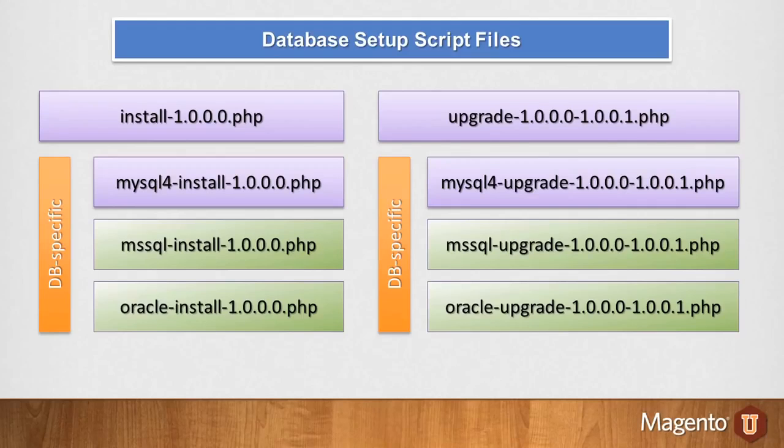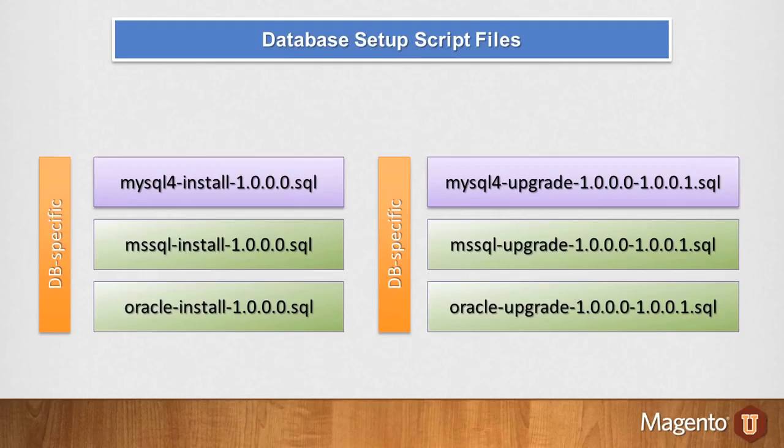In Magento, we have only the MySQL adapter available at the moment, so only the first two options will work, marked in purple. The system will also match these file patterns, but with the difference that it will run the content of the files instead of including them. Notice that using plain SQL for setup scripts is deprecated and is not used in the core. It exists only for backward compatibility.